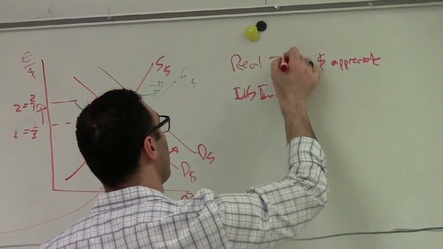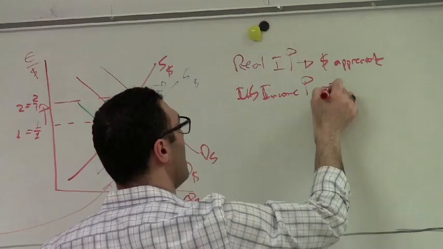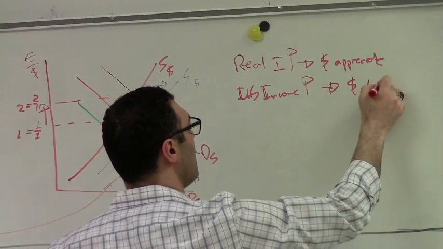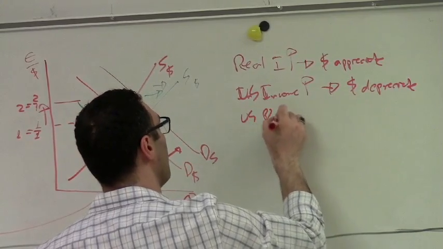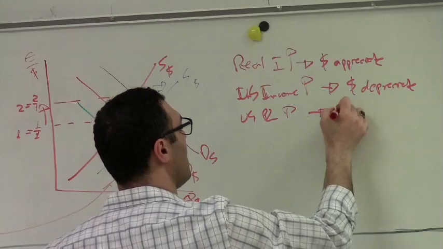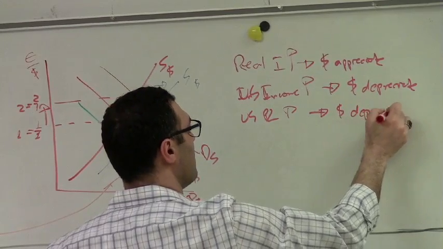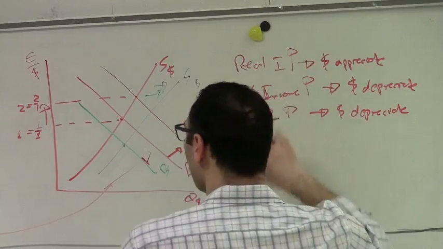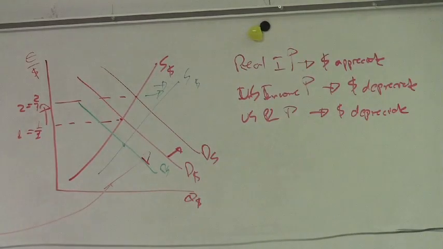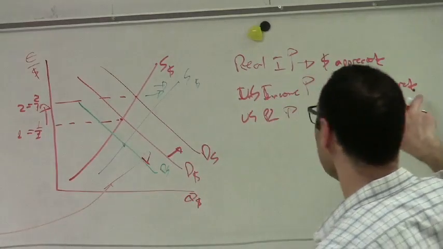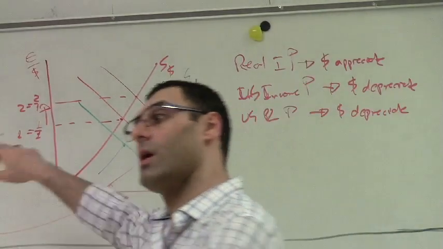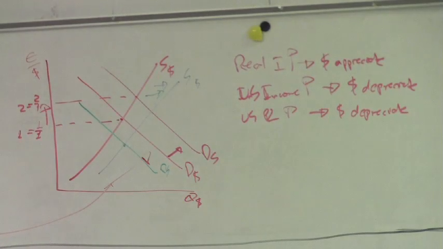So the real interest rate in here was an increase, and U.S. income increase, the dollar is going to depreciate. Or the U.S. price level increased, and that's going to cause the dollar to depreciate. Multiple impacts in here, right? And you're going to take multiple routes. If the dollar appreciates, then net exports are going to go down. If the dollar depreciates, net exports are going to go up.